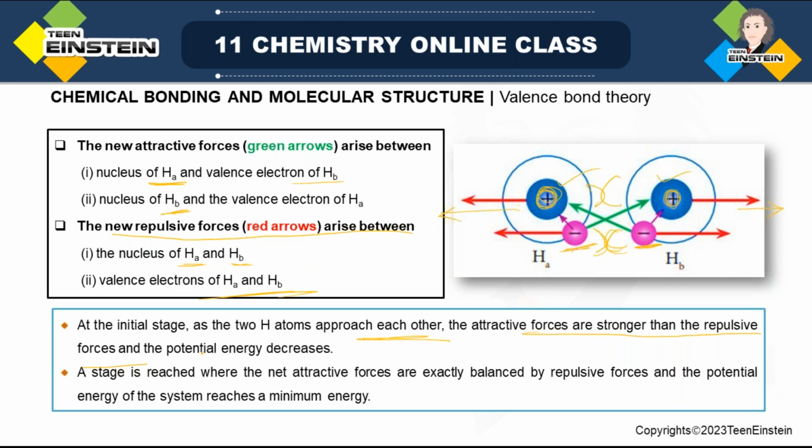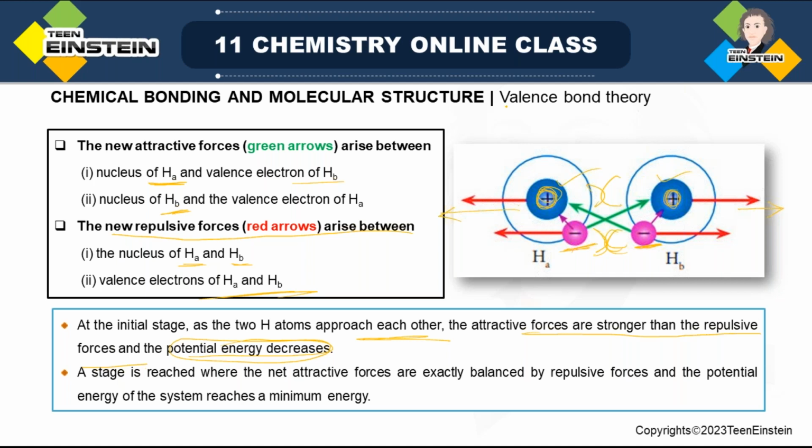But when they are just coming close, not very close, obviously attractive forces will be stronger compared to repulsive forces. In this scenario, the potential energy will decrease because of the attractive interactions.